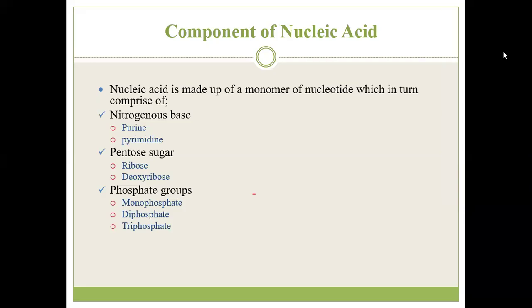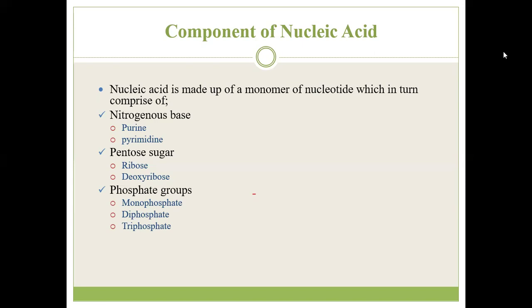So, as I'm saying, this nucleotide is a monomer that is linked to form a polynucleotide. Each nucleotide is made up of these three things I mentioned: the nitrogenous base, the pentose sugar, and the phosphate group.